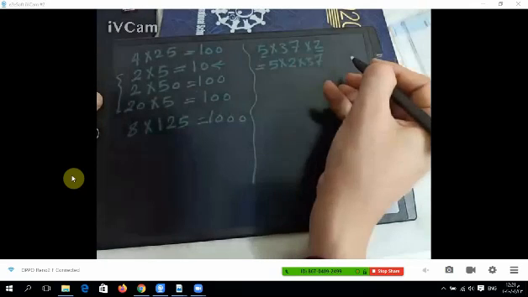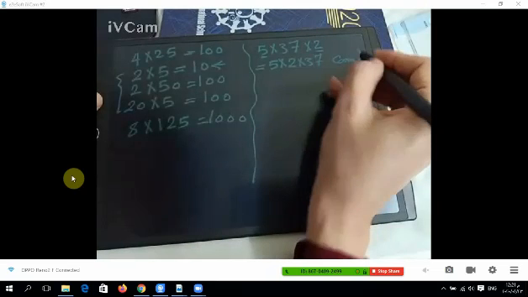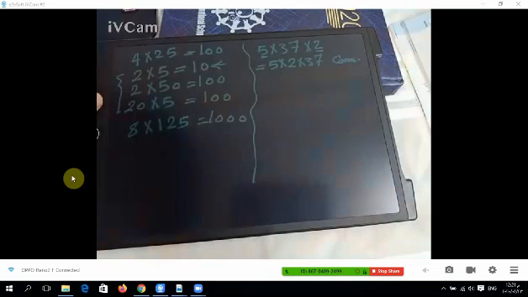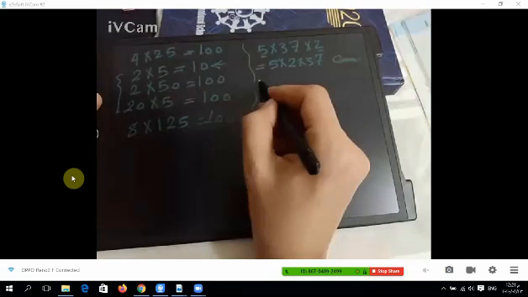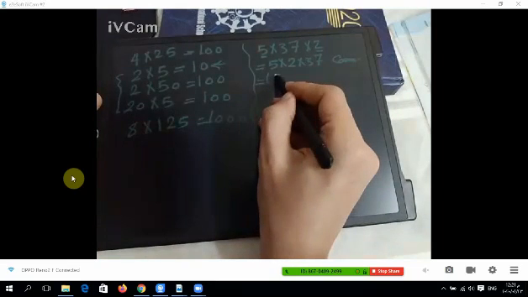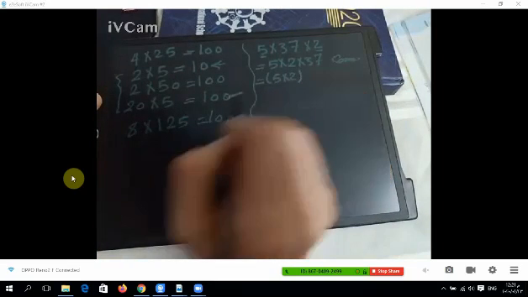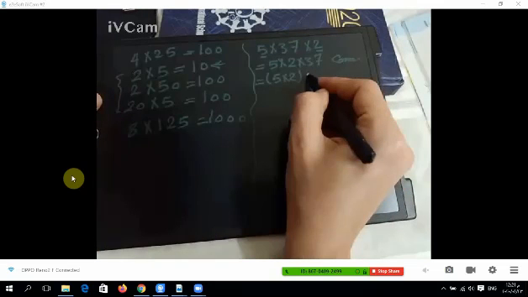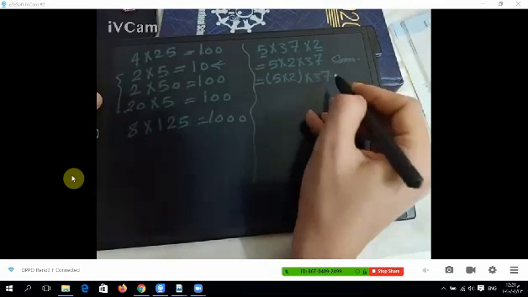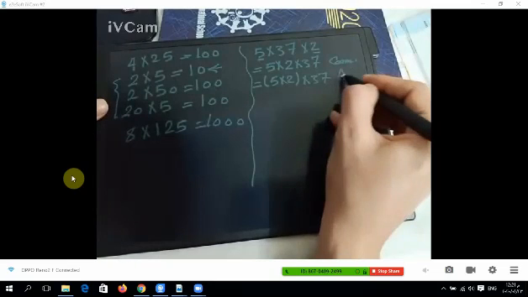And here we make the commutative property. Then I will take them together, so it's equal 5 times 2, because I need them together first, then times 37. And this is associative property.